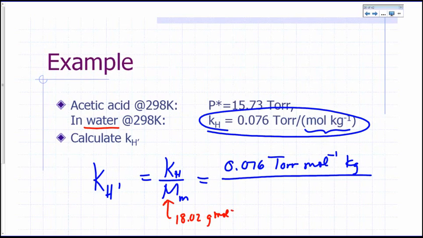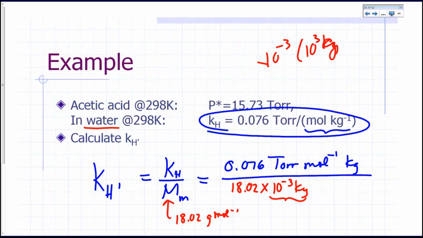But we have to put that in kilograms, so it's going to be 18.02 times 10 to the negative 3 kilograms. 10 to the negative 3 kilograms is a gram.